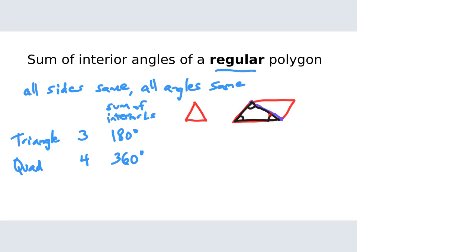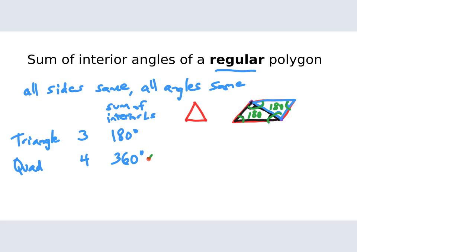And I've also created a triangle over here, so these angles add up to 180. If I add up all of these angles, I've got 180 in this triangle, 180 in this triangle, so sure enough, I have 360 altogether.